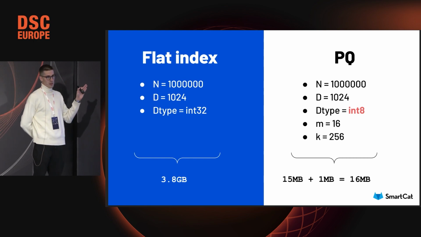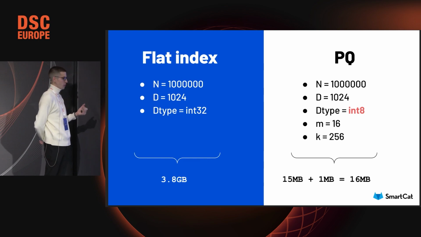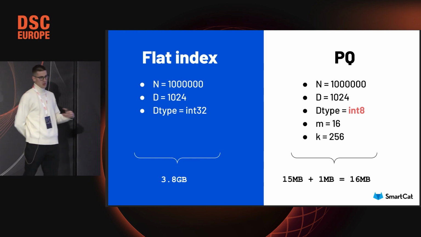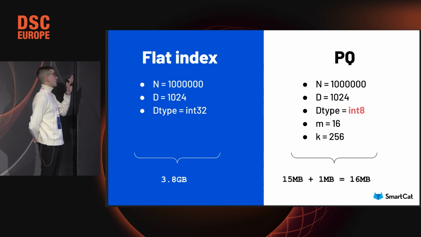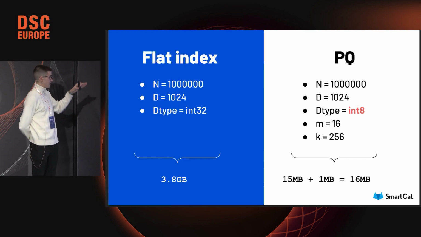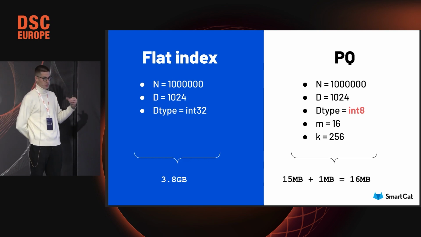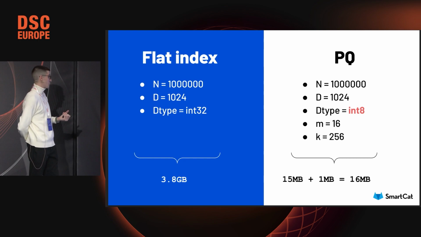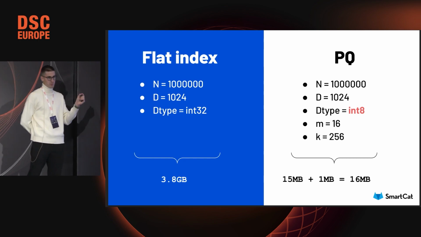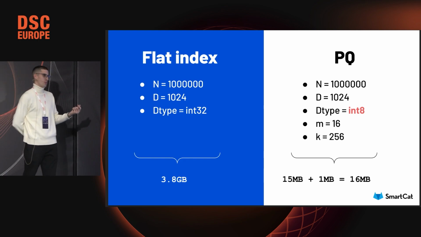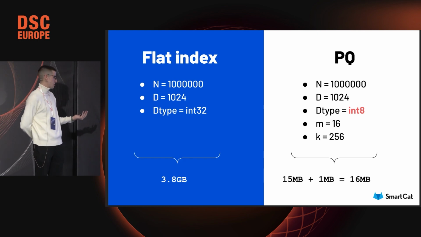Now this is for 1 million vectors, and as I've said, we're often working with tens of millions or billions or tens of billions of data points, so this isn't feasible at all. With product quantization, with 16 segments and 256 centroids per segment, you need 16 megabytes, or maybe a bit over that, top 17 megabytes. This is now over 2,000 times less, right?